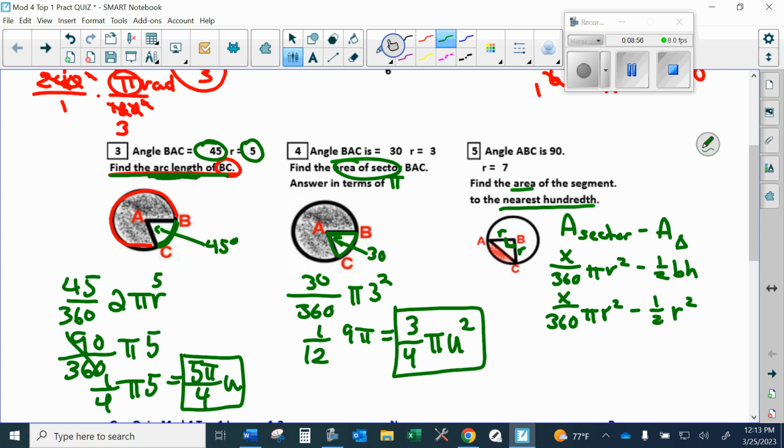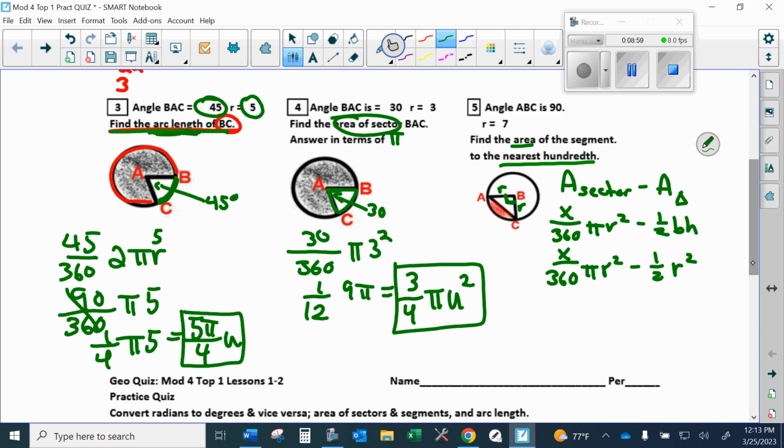We know our x degrees here is 90 degrees. It's already told us that right there. So I have 90 over 360 pi, what's r? 7. 7 squared. We'll just do that right now. We'll do 49. Some of you who can't handle squared, you better not think 7 squared is 14 and do 7 times 2.